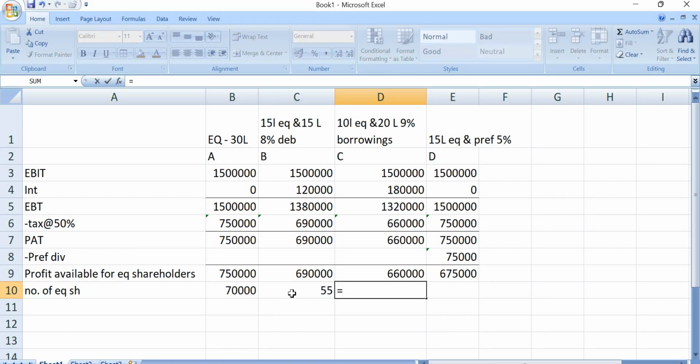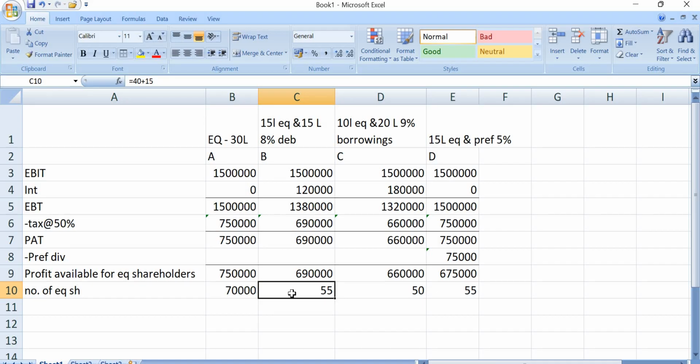In this case, 10 plus existing 40 is 50. Here 15 plus existing 40 is 55. Everything in thousands. So my EPS will be 7,50,000 divided by 70,000.